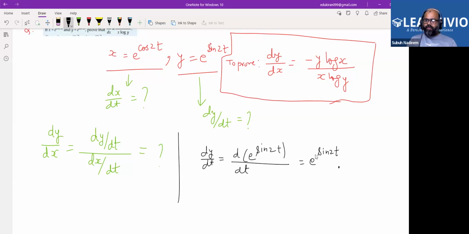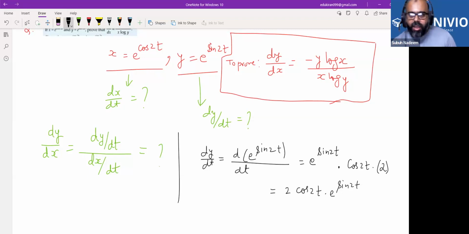Then further we differentiate sine 2t, it will give you cos 2t as differentiation of sine x is cos x. Then 2t you will differentiate, you will get 2 because 2 into t is 2 when you differentiate with respect to t. So finally you get 2 cos 2t into e to the power sine 2t. This is what we are getting here.